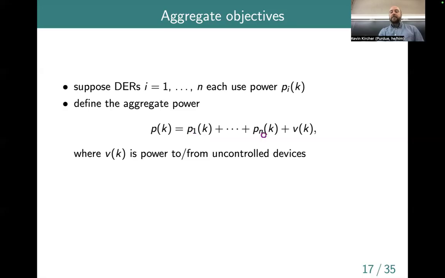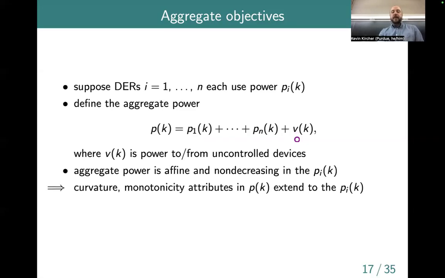We add all of that up, and maybe we add in some power from uncontrolled devices as well, like things in 1,000 buildings that you can't control, all the stoves and blow dryers and whatever else. Then the aggregate is again affine and non-decreasing in the P functions. That tells us the overall properties of the objective function are preserved. They are the same for the aggregate power as they would be for the individual powers.